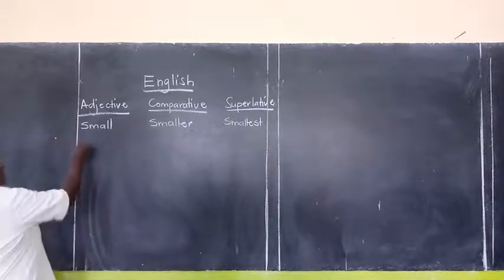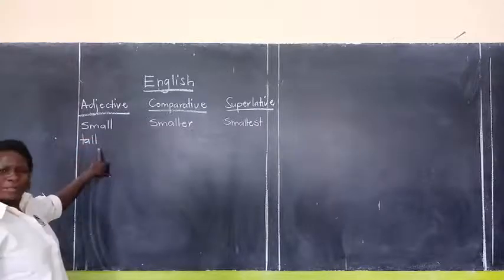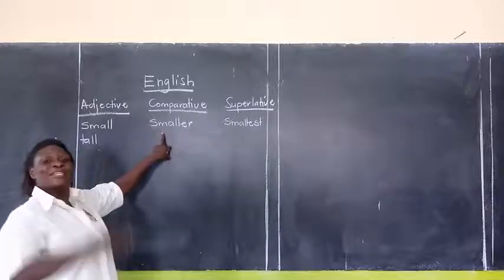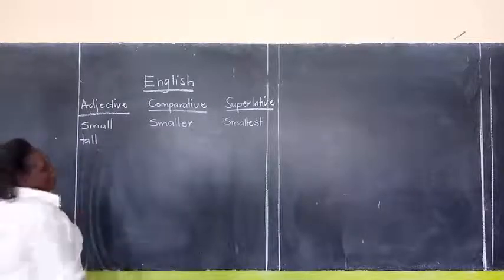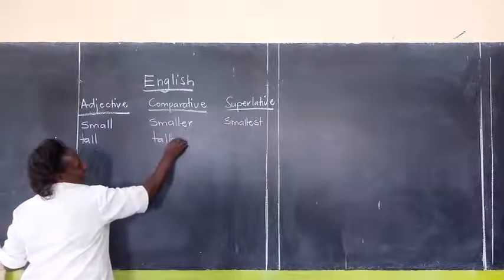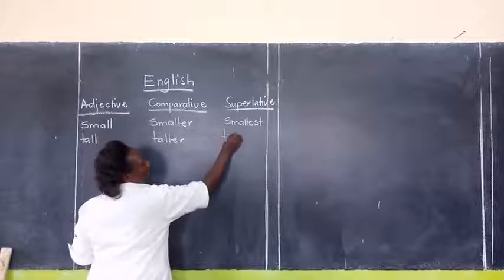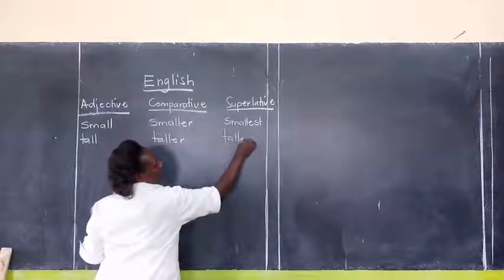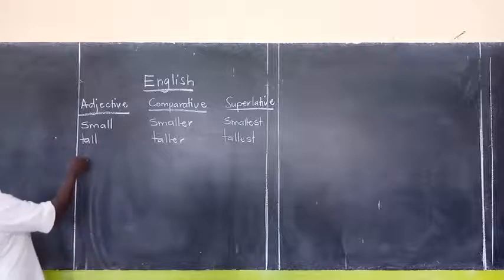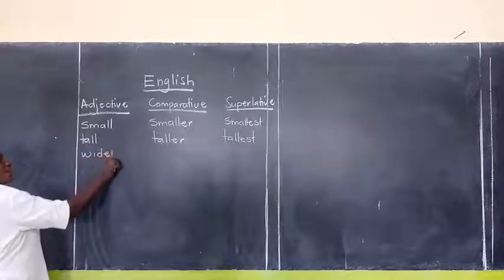You can have tall. Though this one is tall, this one looks a little bit taller than this one here. Then we say taller, then tallest. We can say wide. This road is wide.